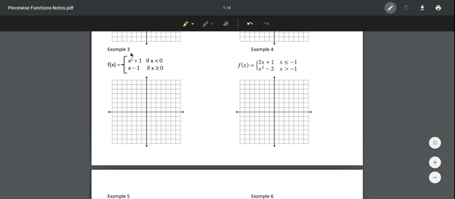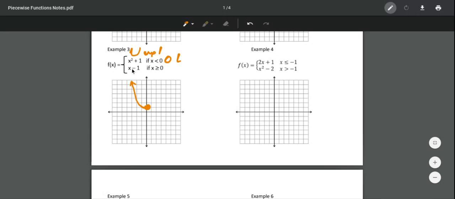For here, we have a parabola shifted up 1, open circle, and it's the left side of 0. It's shifted up 1.